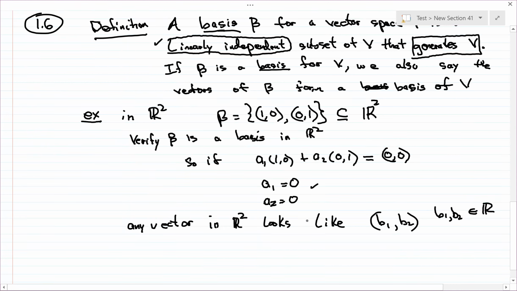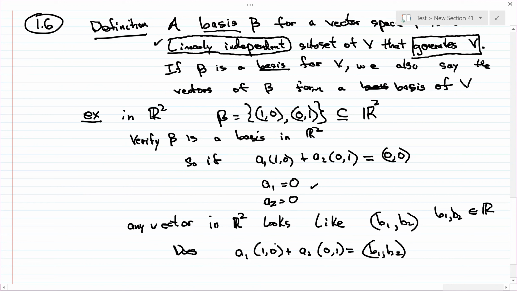So now we're asking, does some scalar times the first vector plus some other scalar times the second vector in beta give you back any vector at all? This is the span of beta, or these are the vectors that beta generates. So if you take a linear combination of the two vectors in beta, these are the vectors in V that it generates.